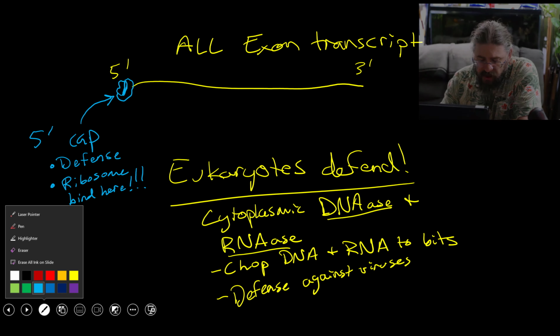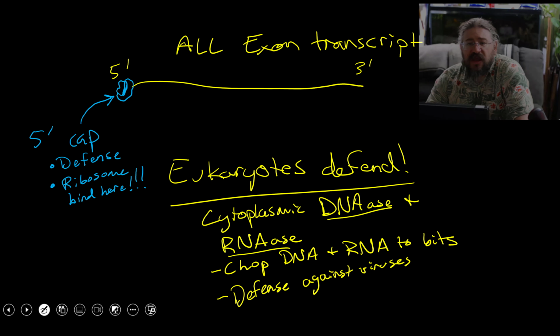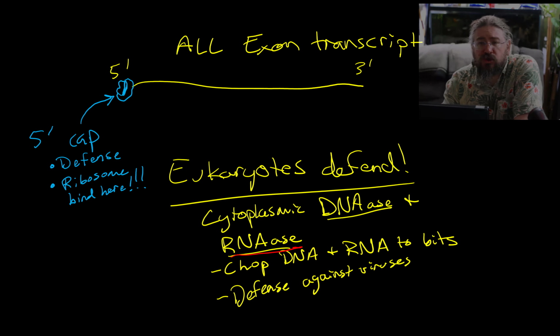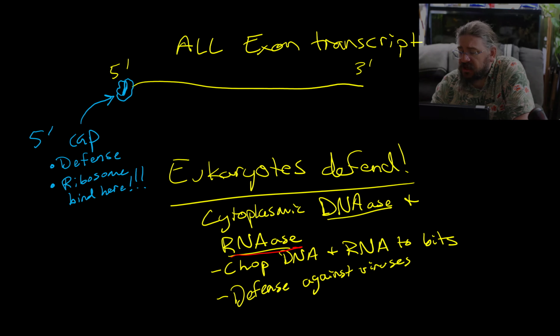Now, what do we have to protect us from DNAases or RNAases on the other side here? Because as long as it's exposed, it's unprotected. Well, we have a whole string of nucleotides, right?